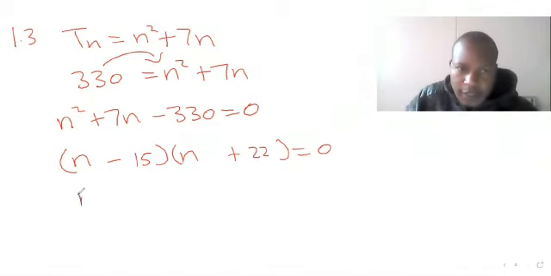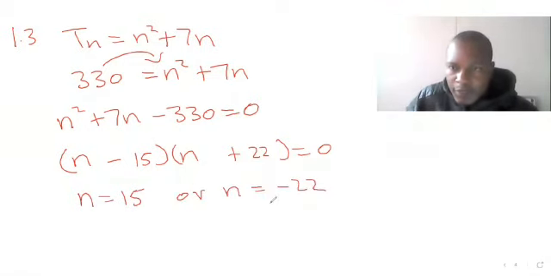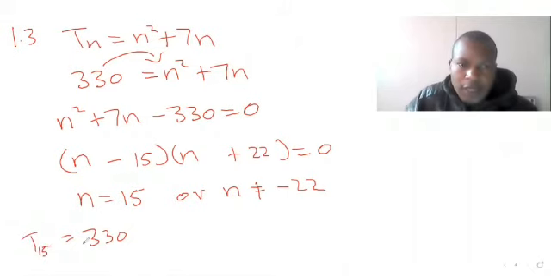So now we can say that n would equal 15 or n would equal negative 22. Since n is a number, as in a number of things, n cannot be negative. So it means that 330 is actually the 15th term. So you can say that T15 equals 330.